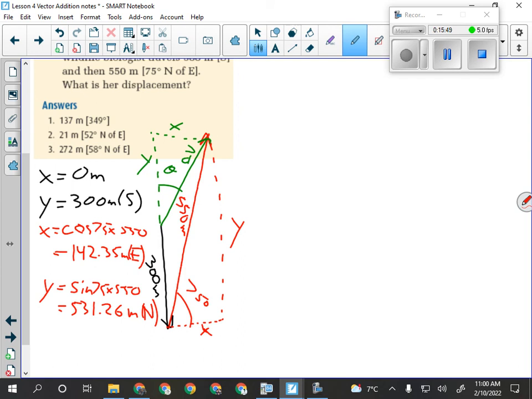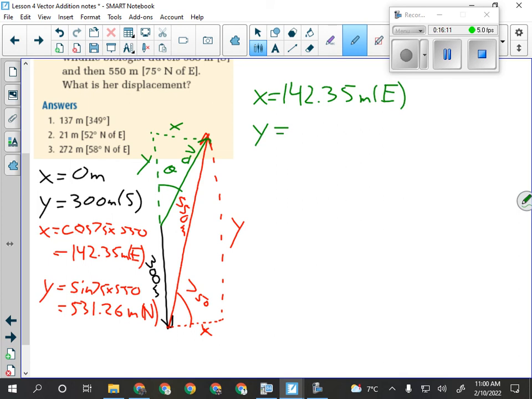Now I need to find my resultant x and my resultant y. My resultant x is easy because one of the x's is 0. So the overall red x and green x are equal. That's going to be 142.35 meters east.